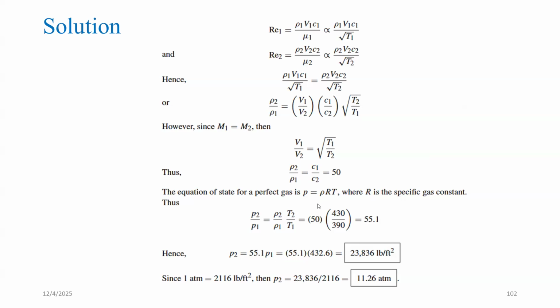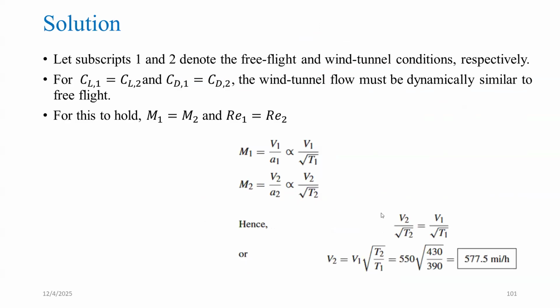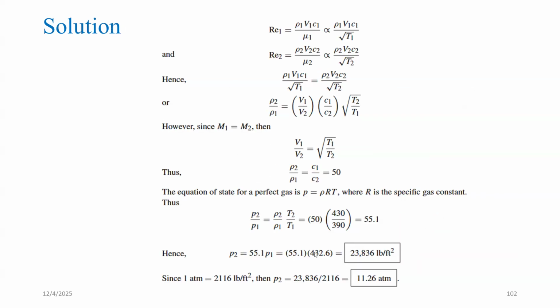Pressure 1 is already given somewhere, so that we can compute pressure. Considering the flow similarity, Mach 1 is equal to Mach 2. Here the pressure is in pounds per square foot, so you can convert it to atmospheres.